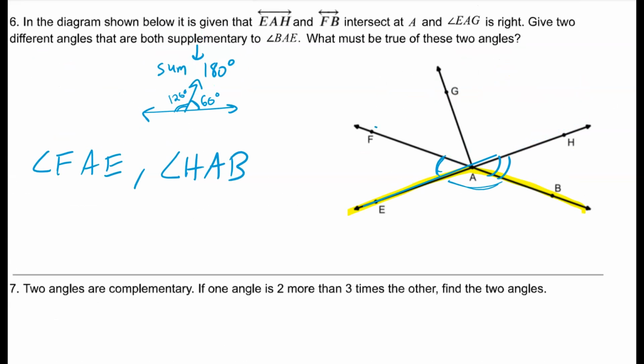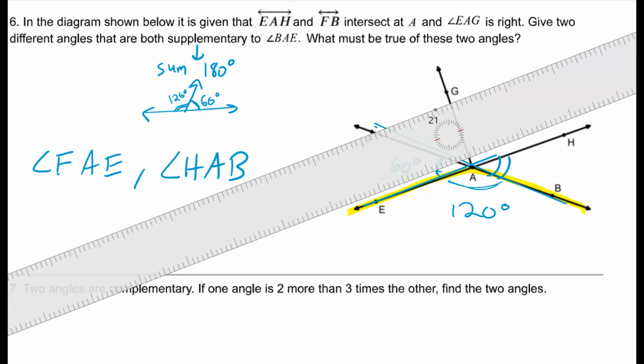And from there, we can make an inference. It says, what must be true of these two angles? Well, think about it. If EAB was something like 120 degrees, then looking at line FB, the two angles FAE and EAB are supplementary, so FAE must be 60 degrees.